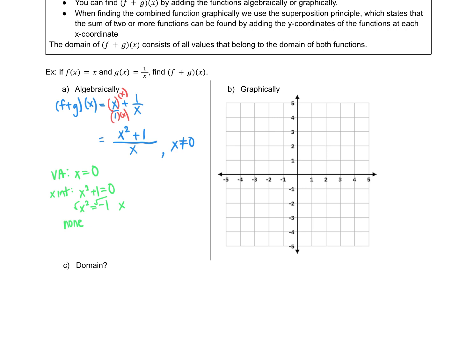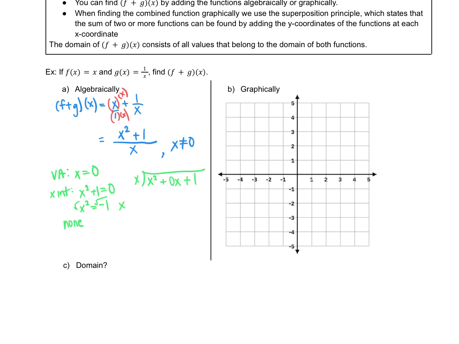And then we have to see if we have a horizontal or oblique asymptote. Because the degree in the numerator is 1 higher than the denominator, this does have an oblique asymptote. So I'm going to go ahead and do some long division here. Now I'm going to write x squared plus 0x because that middle term is missing. And now let's see.